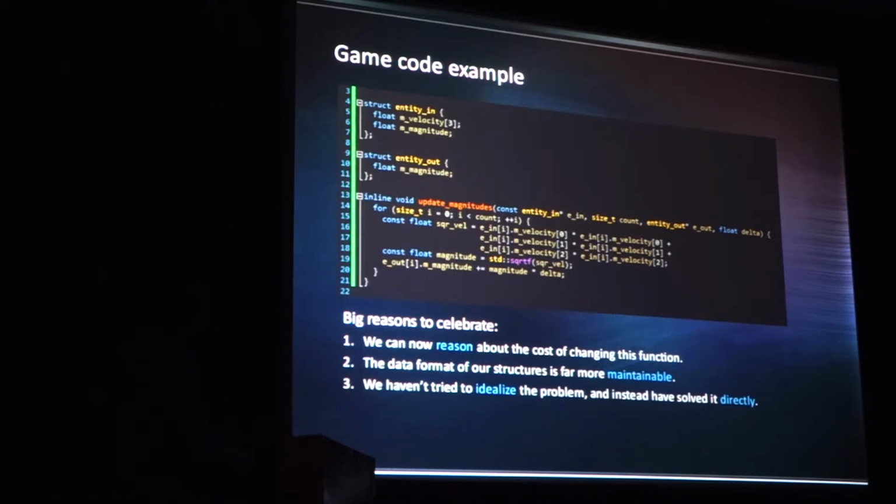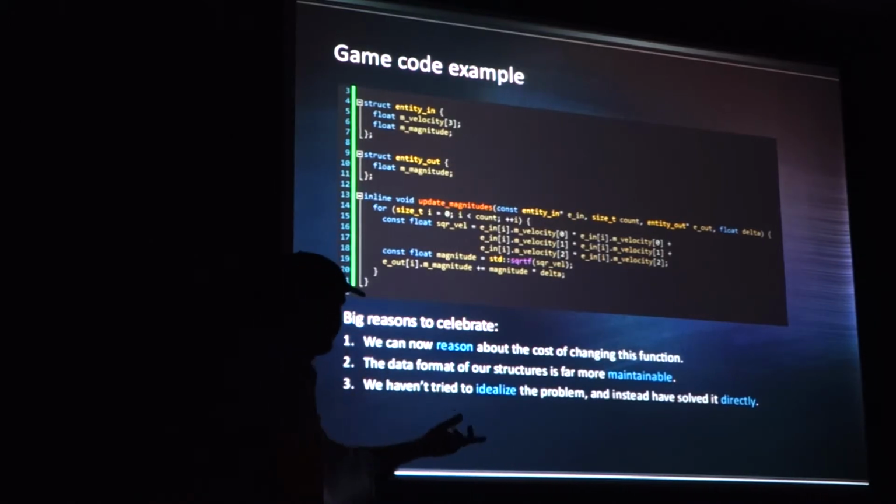We're only considering the data that we care about. And if we wanted to do operations on the name and model stuff that we had before, we can create structures for those too. So the data formats are much more maintainable. I know exactly what's going on. We have an in and we have an out, right? We have the thing that's coming into the CPU and we have the thing that we care about coming out of it, right? In this case, it's the velocity and a magnitude and then a new magnitude.